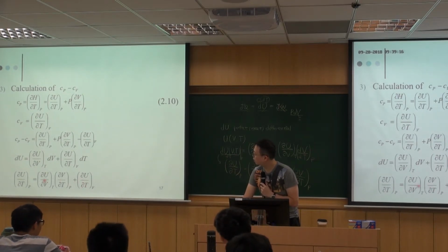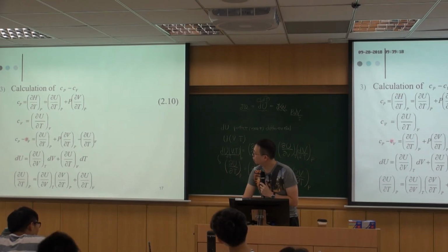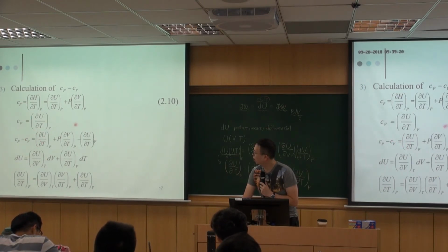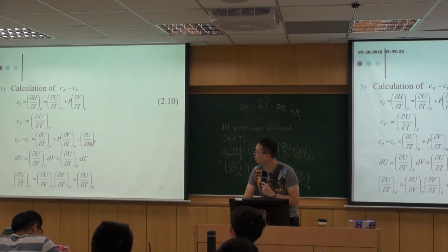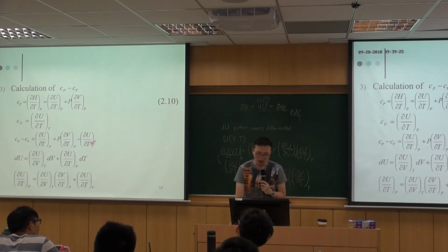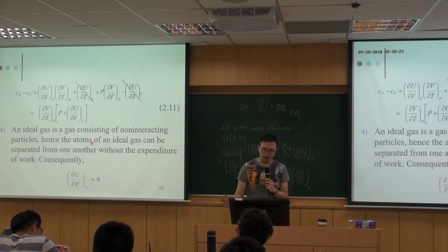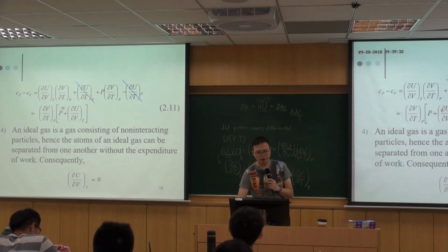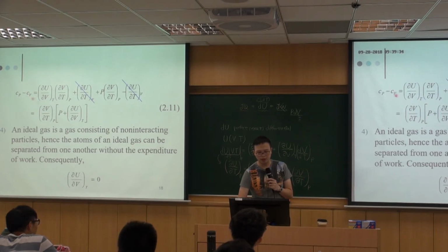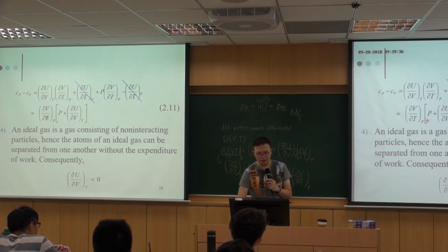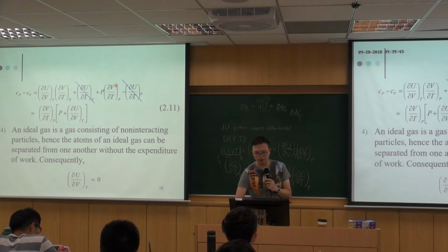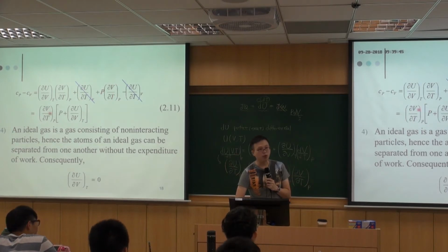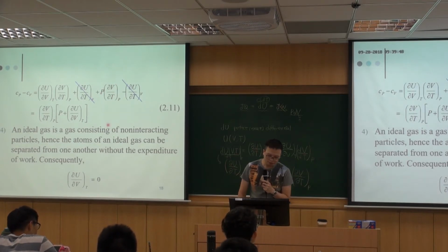So if we plug this line back to here, then partial U, partial T at constant volume will be eliminated. So in the end, the bottom line is that we will have a relation like this. Cp minus Cv is this term, because we'll see that partial V, partial T at constant pressure over here, and there's another term over here. So if we summarize that, it will be something like this.